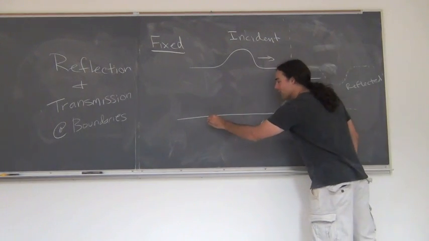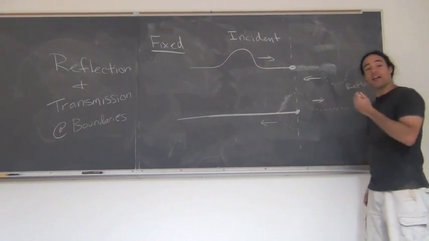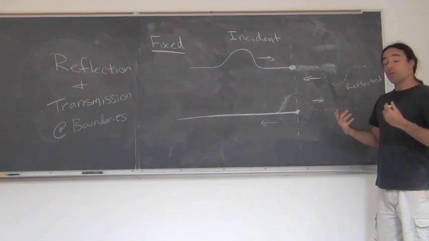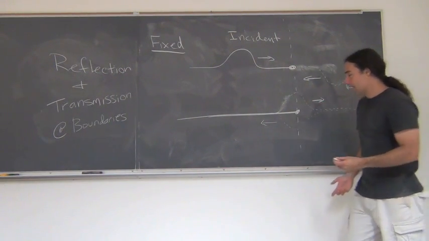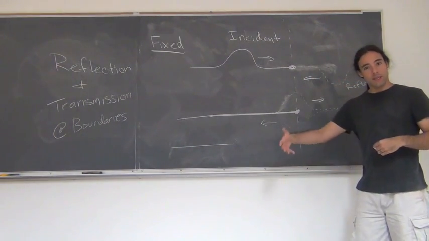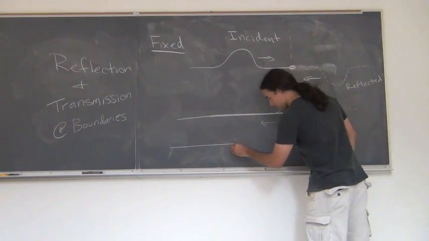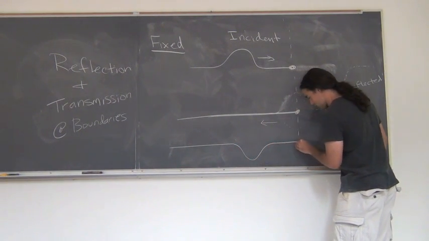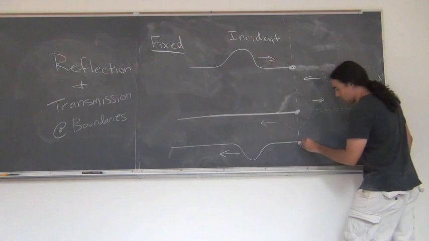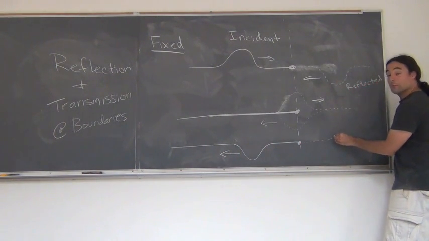So at this point, the waves exactly cancel out, and my string is flat. Okay? Well, what happens after that? Well, after that, again I have my string, but my reflected wave keeps moving to the left, whereas my incident wave keeps moving to the right.